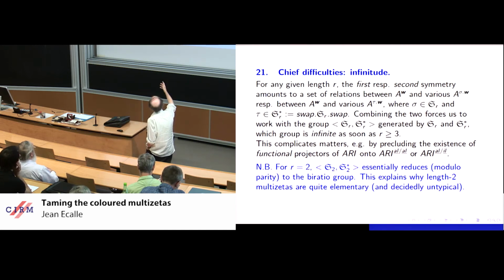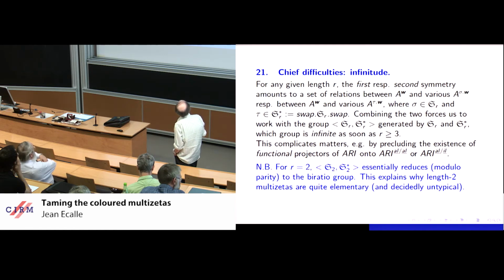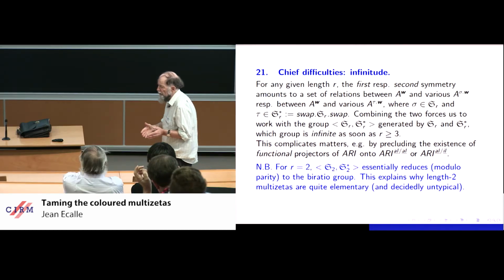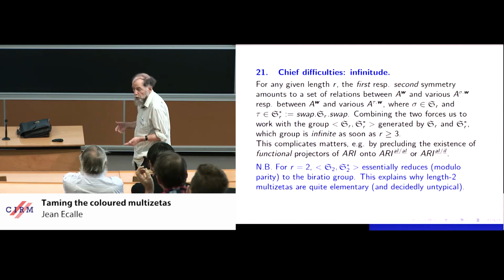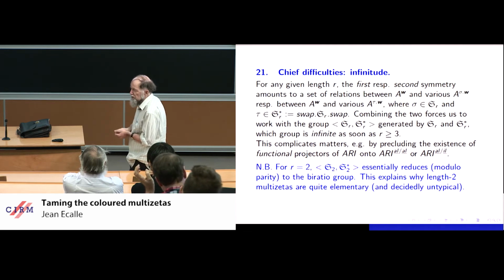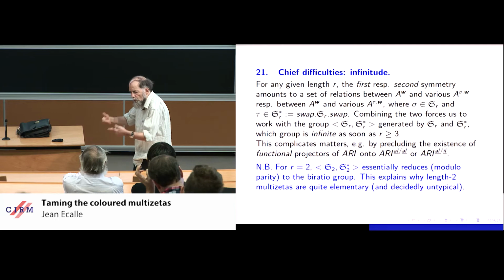The first one, let us call it infinitude. The first symmetry involves a relation between a sequence W and its transform under essentially the symmetry group. And the second symmetry does exactly the same, but with respect to not W but the swap.